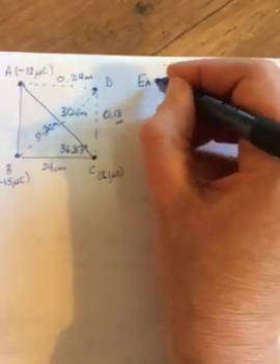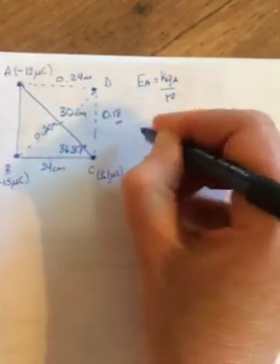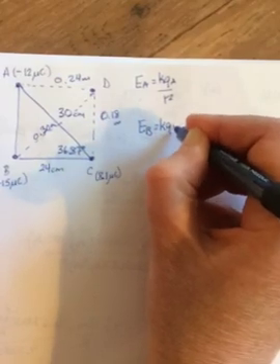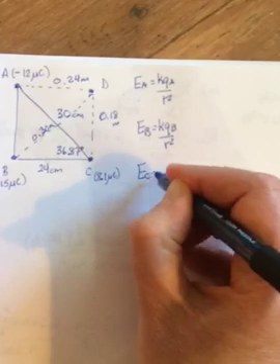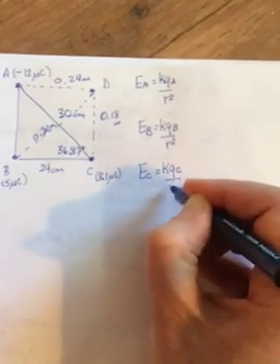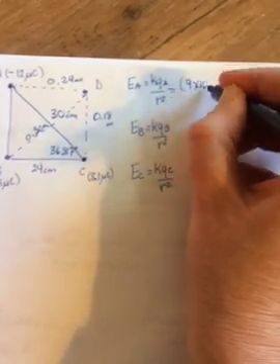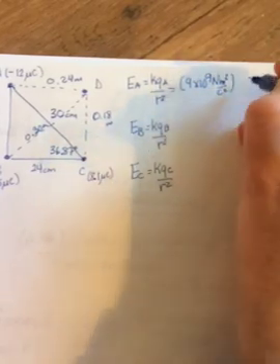So E_A will be equal to k Q_A over r squared, and E_B will be equal to k Q_B over its r squared, and E_C will be equal to k Q_C over r squared. So 9 times 10 to the 9th newton meters squared per coulomb squared.